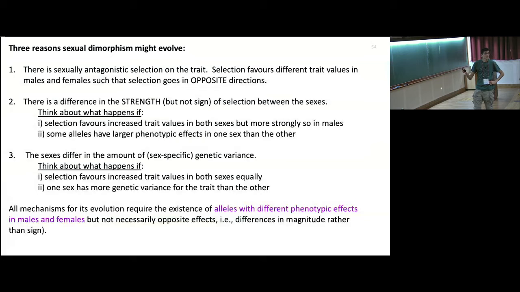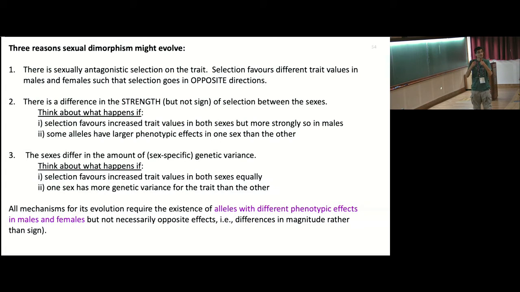I always like to give this disclaimer that sexual dimorphism can, at least in principle, evolve for multiple reasons. The most obvious one is the one that I've been talking about, that selection is pulling males in one direction and females in a different direction, resulting in the evolution of dimorphism. Though in principle, it can happen in other ways.